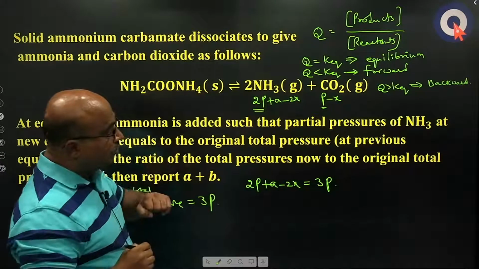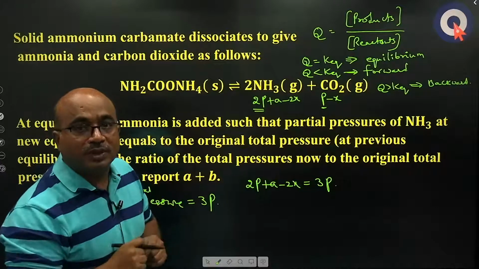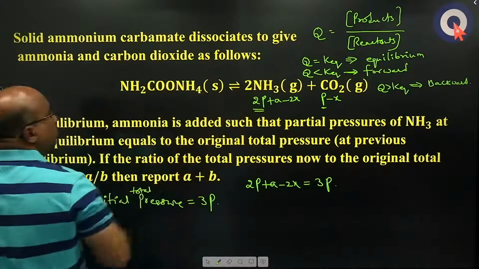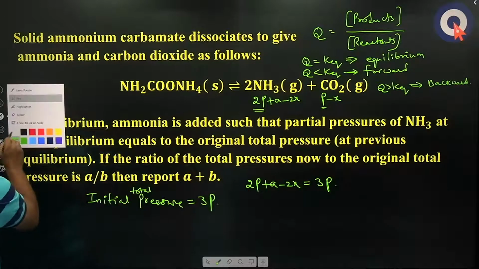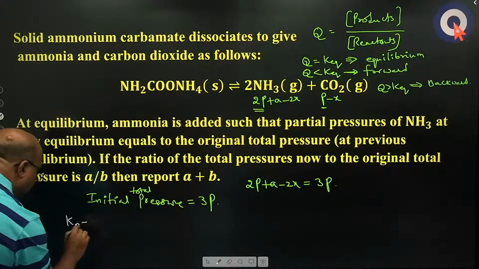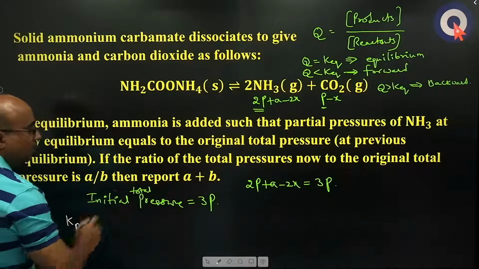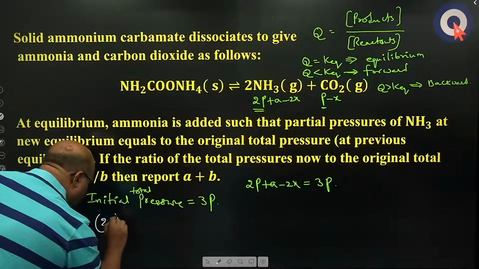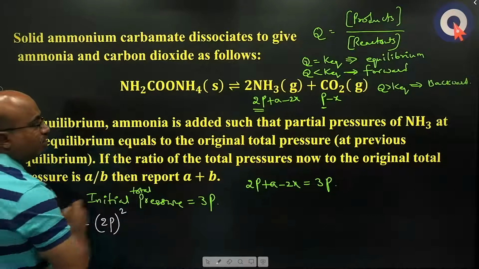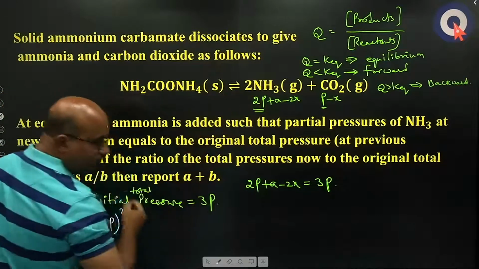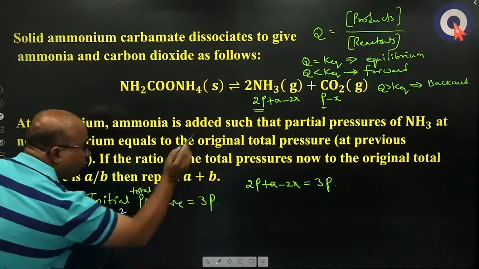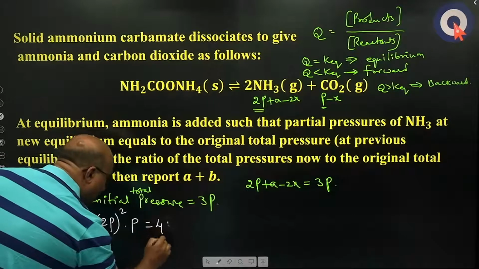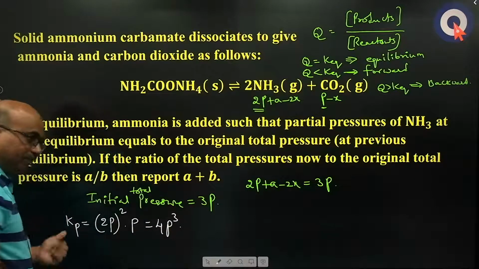At that situation we calculated Kp. Kp for this reaction, with the initial conditions, there is a pressure of 2p for ammonia, that whole squared, the partial pressure of ammonia squared, because its coefficient is 2. Then the partial pressure of carbon dioxide, that is p. So this is 4p cubed, the Kp.